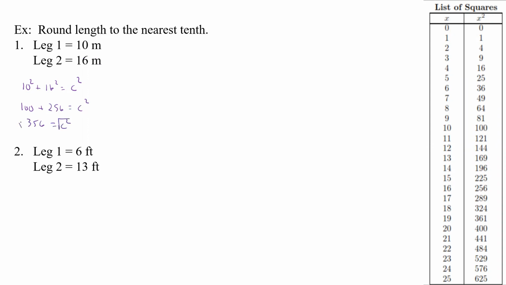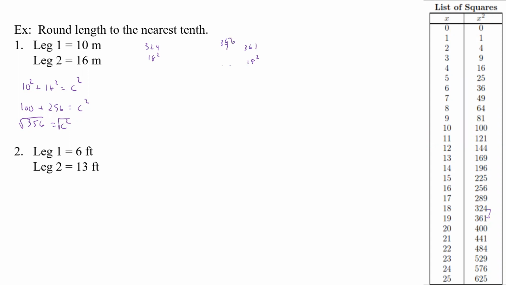Well, we're going to take the square root of both sides. Well, 356 is somewhere in between those two, okay? And so what we need to do is say, okay, we have 324, which is 18 squared. And over here we have 361, which is 19 squared. And we're looking for 356.